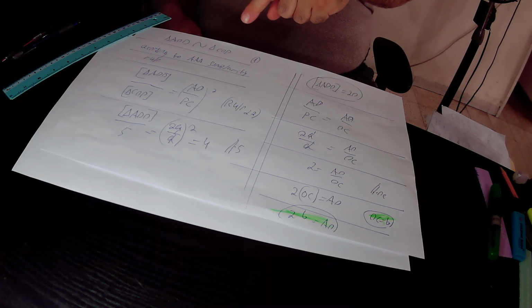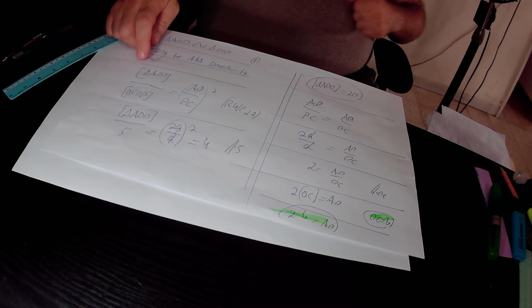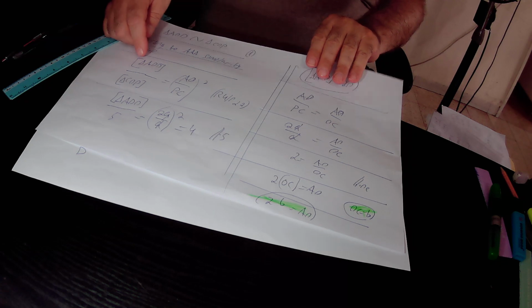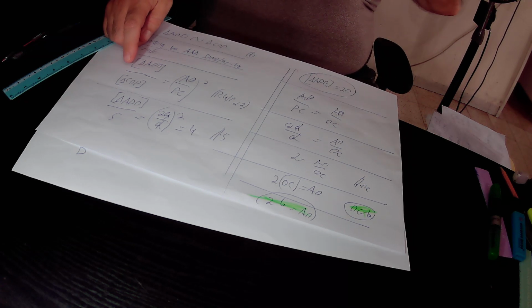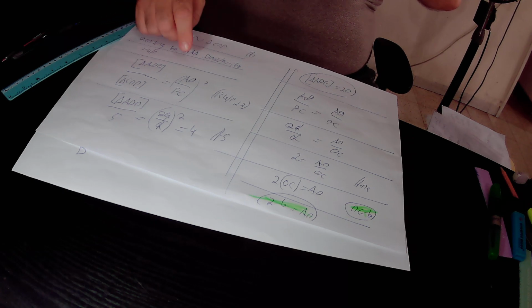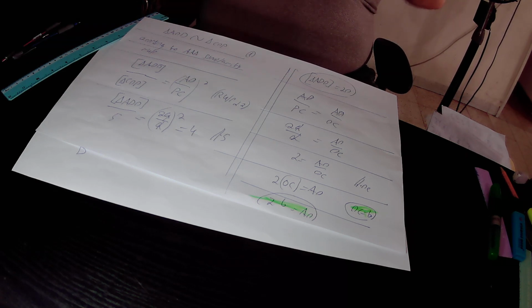The ratio between AD and PC is AD over PC squared. So in total, the ratio between the areas of those two similar triangles is the area of triangle ADO over the area of triangle COP, and it is equal to the square of the ratio between their corresponding sides. That is to say, it is AD over PC squared. So this equation is the implementation of Rule 22 in our drawing.